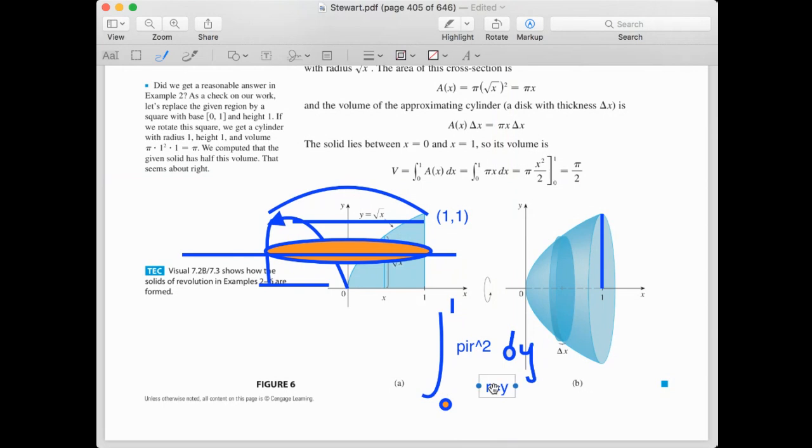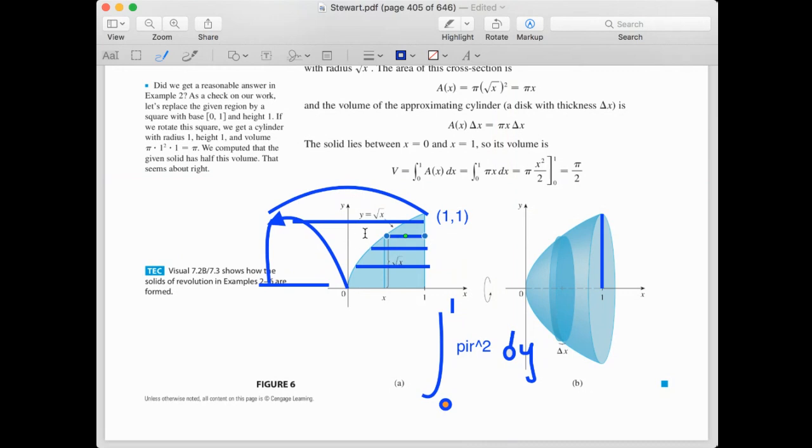And now what's my r? My r is not y anymore. We see r is this one. So let me just delete this. This guy becomes my r, because I'm trying to find the volume of the rotated region, and this empty part won't be included.